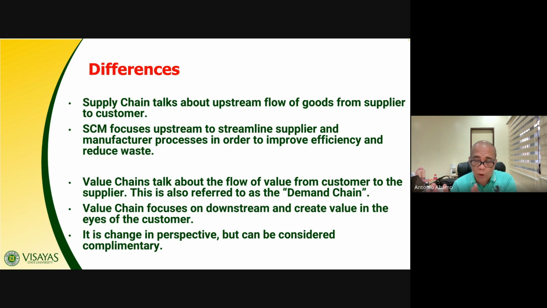The perspective of value chain is the downstream end, meaning to say the market, while the perspective of the supply chain is the upstream end, meaning to say the supplier.